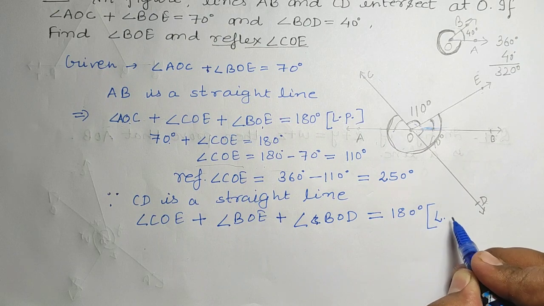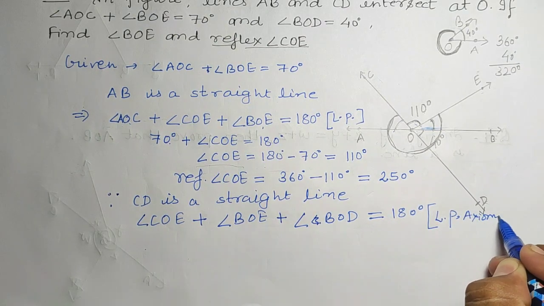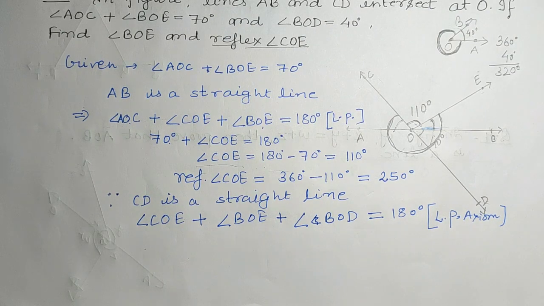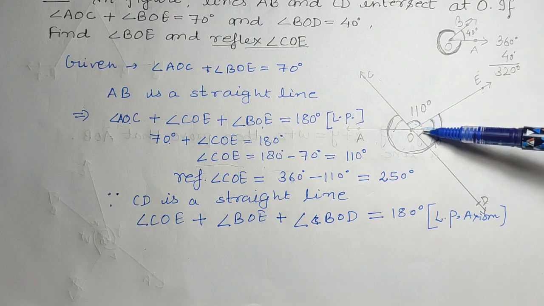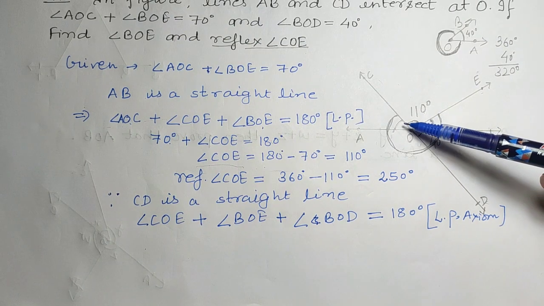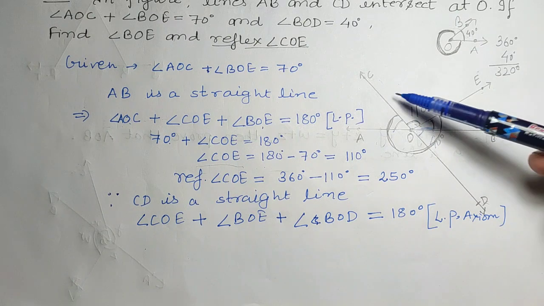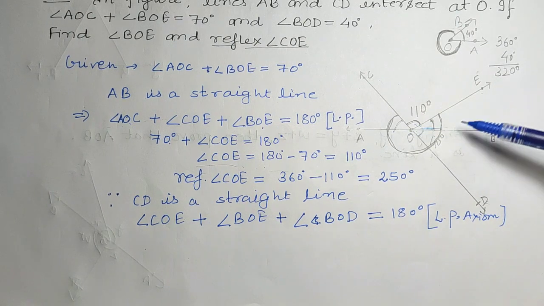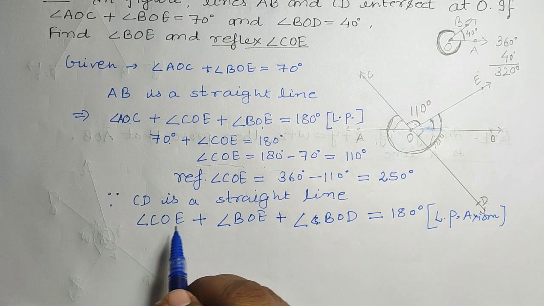This is because you have studied the linear pair axiom. CD is a line and all these angles are forming on one side of this line. So the sum of all these three angles COE, BOE and BOD should be equal to 180 degrees.